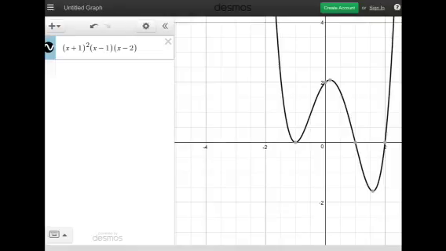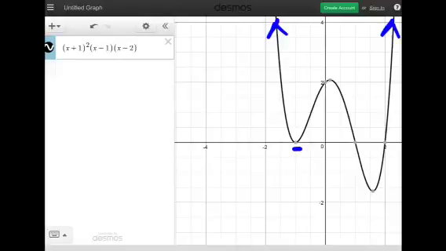Okay, so here's the Desmos screen, and I forgot to put the max and min, but it's okay. They're not asking you to give the actual value, they're just asking you to say the number and type. Okay, so if you notice, the ends go up. That's what we have on our graph. And then it's bouncing off here.